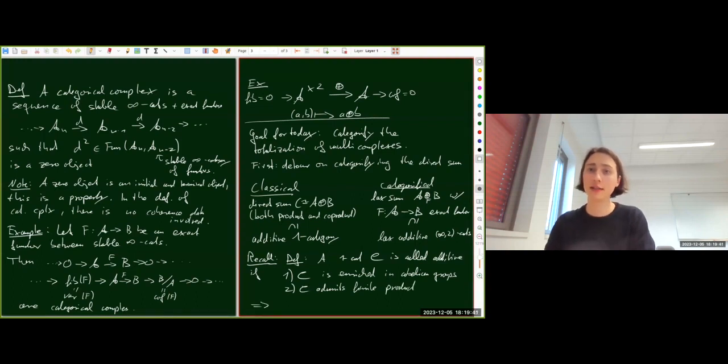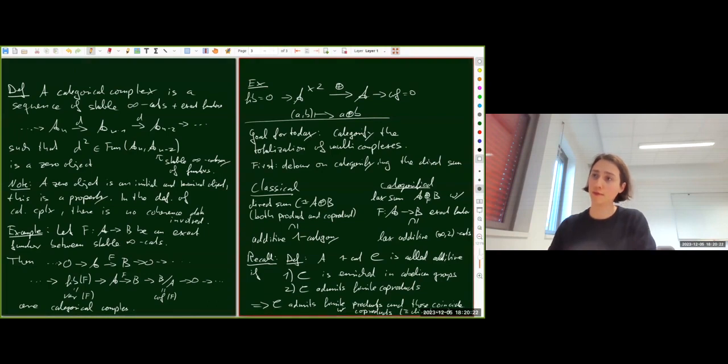And if this is satisfied, then there's a theorem that in this case, C admits finite coproducts. It doesn't matter here if you write products or coproducts. So let's say coproducts. Then C admits finite products, and these coincide with coproducts. And this is what we call the direct sum.